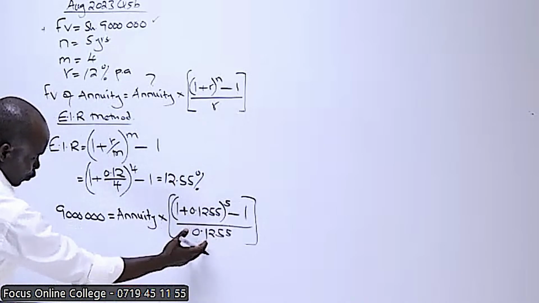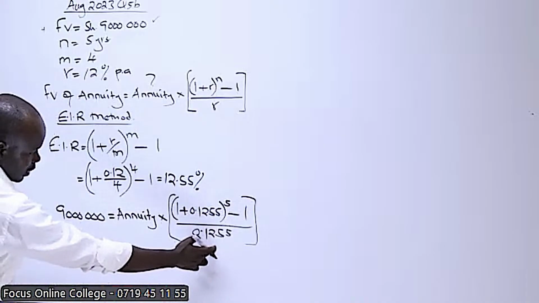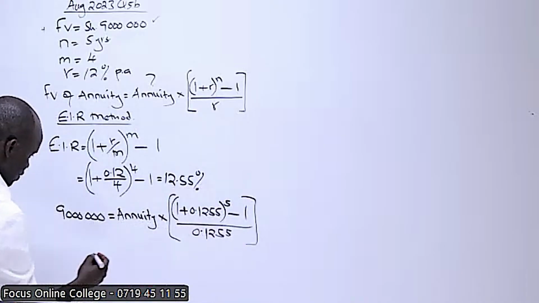So first get this factor. Get this factor in 4 decimal places.